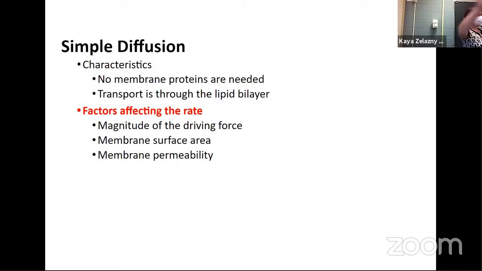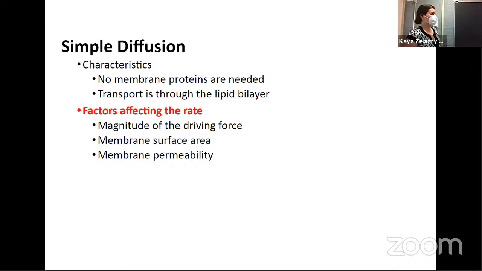Just how the universe is. Things are just randomly moving around. When they cross is when they bump into the membrane and just shoot through. So as we increase surface area, as we have more membrane, they're more likely to bump into the membrane. So our membrane surface area is therefore going to affect the rate of transport because it increases the likelihood that our molecules are even going to come up to the membrane in order to cross.